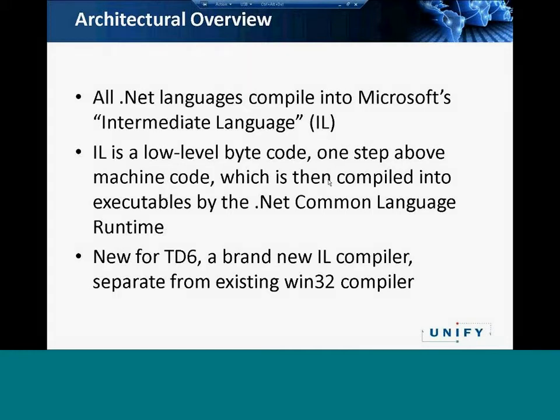This is totally new for TD 6.0. It's a brand new compiler, and it's separate from the existing Win32 compiler. So this is going to take place automatically. You don't have to worry about it as a developer. As soon as you choose to compile as one of the 5 .NET options, you're going to get this compiler running into TD 6.0 for you.